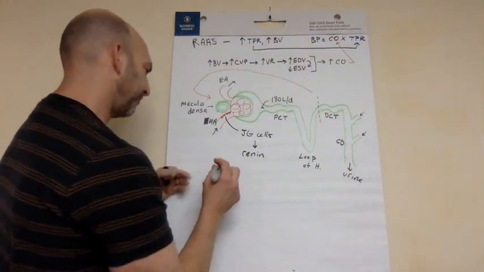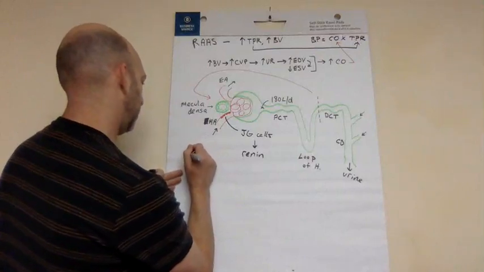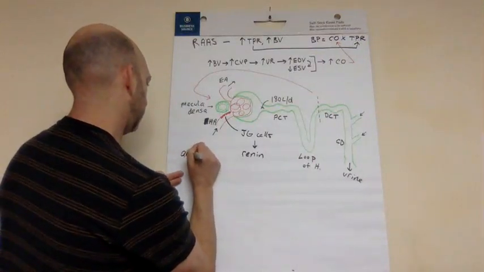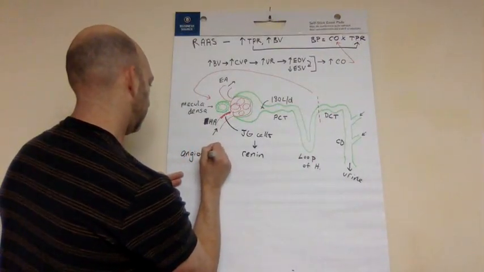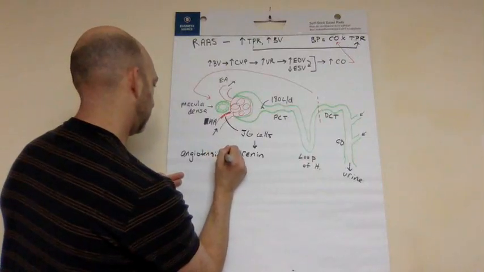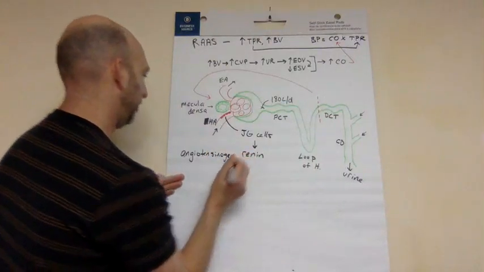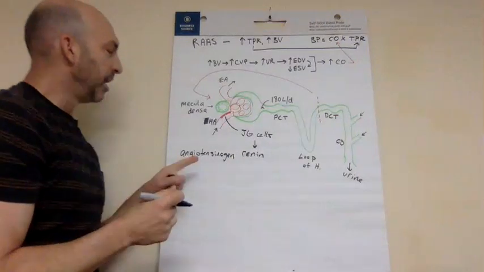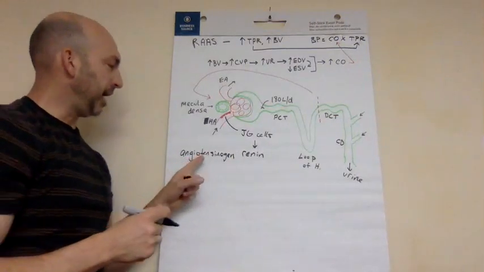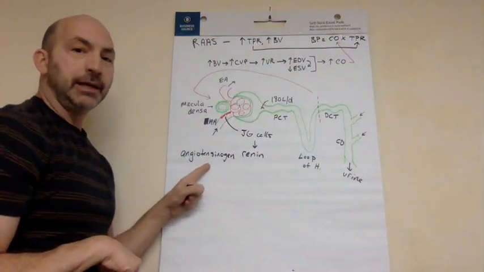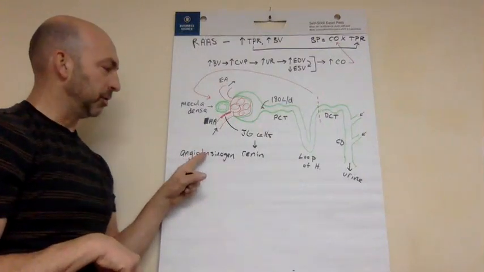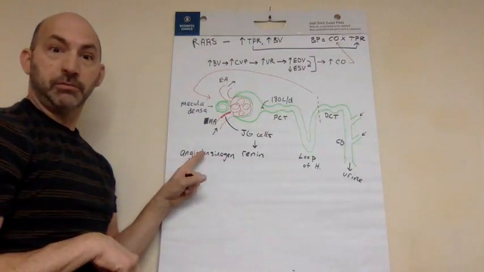And so let's put it down. It'd be easier if these words didn't have so many letters in them. But angiotensinogen is a precursor molecule, so it's a prohormone, right?